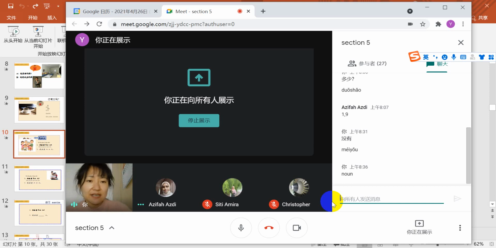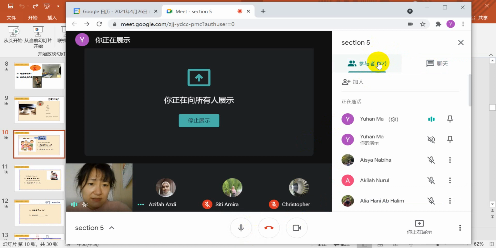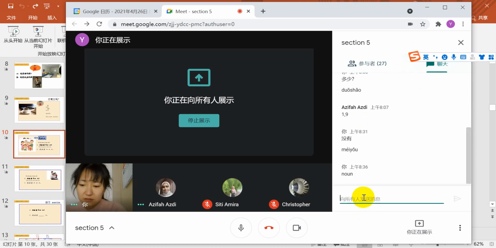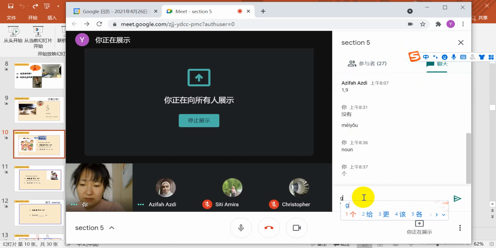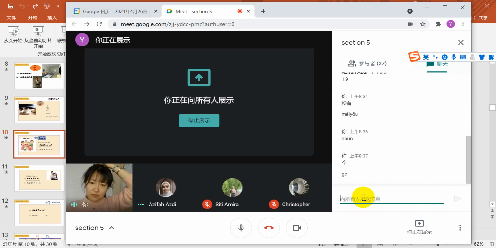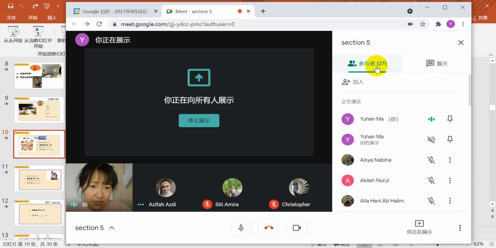You can see 27 here. 1 is me, the teacher. In English, 1 teacher is okay, but in Mandarin we add a measure word 个: 一个老师, 1 teacher. In our classroom it shows 27. 1 is me and 1 is my slide, so maybe there are 25 students.